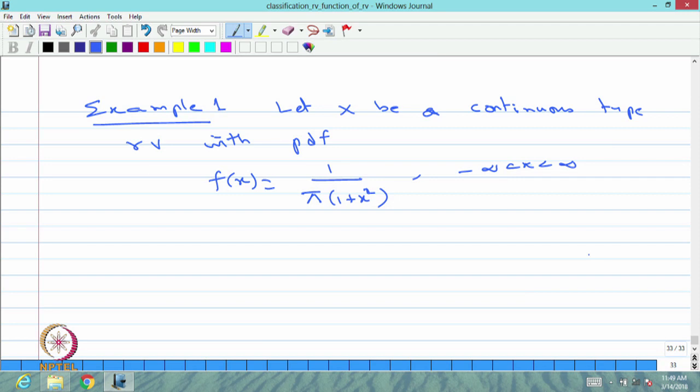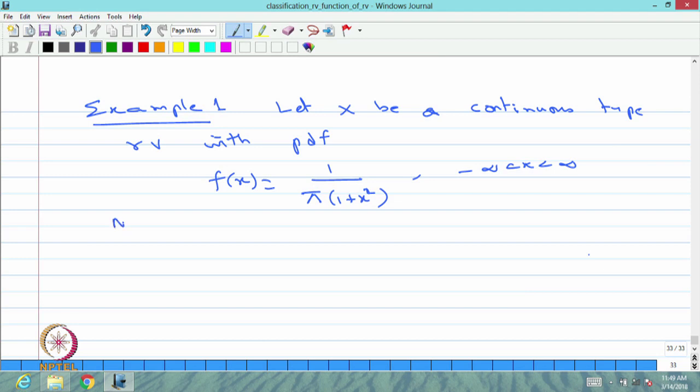You can verify whether this is a correct probability density function by integrating f of x from minus infinity to plus infinity. You will get the value 1. This is greater than or equal to 0, therefore, it is a probability density function of a continuous type random variable.